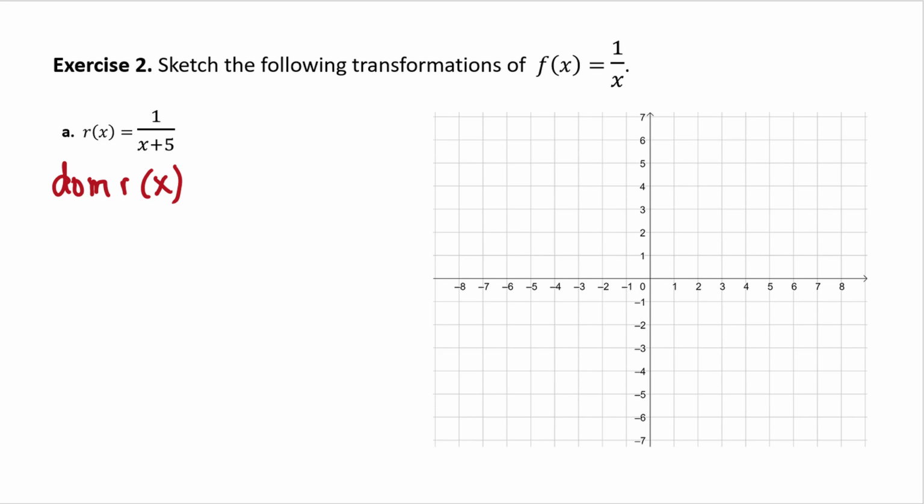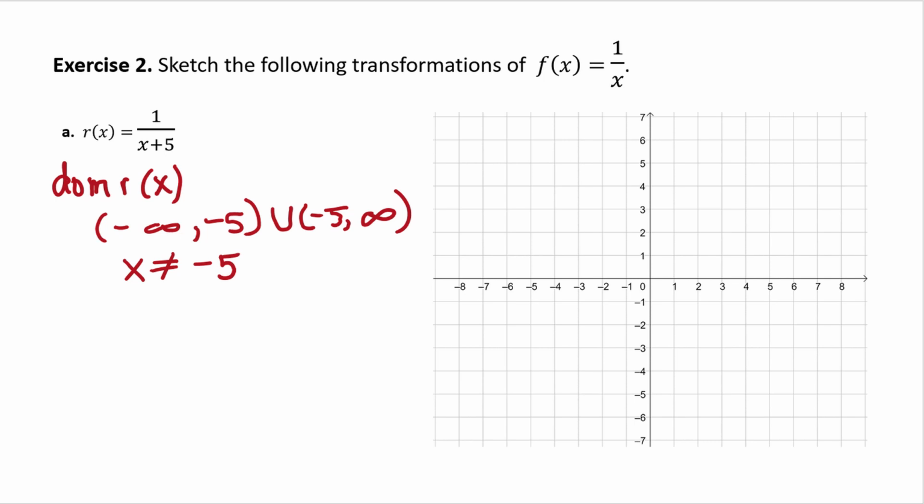And so we might write this in interval notation as negative infinity to negative 5, not including negative 5, union negative 5 to infinity. Or, more simply put, we could just write the domain is such that x cannot be negative 5. So we got the domain addressed.